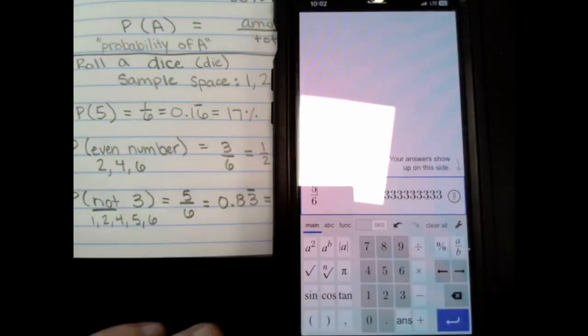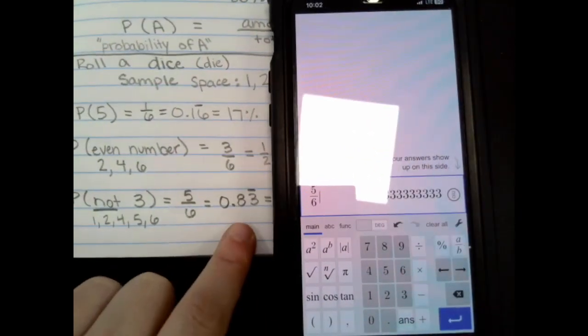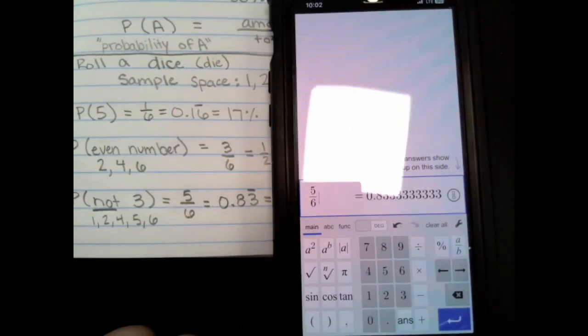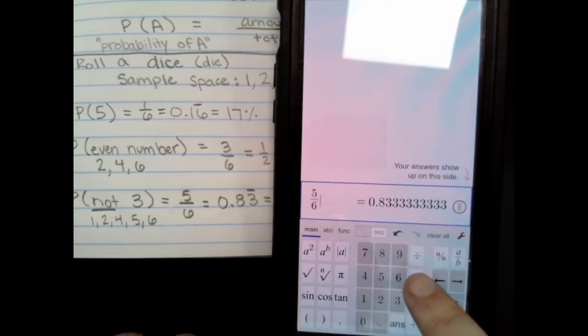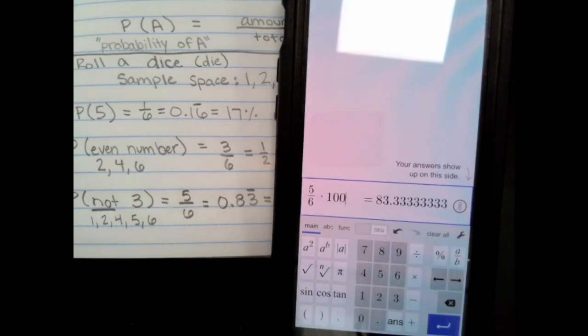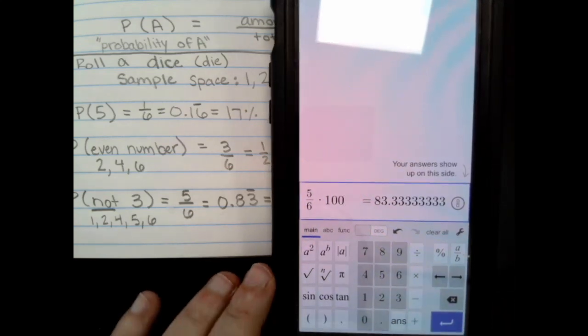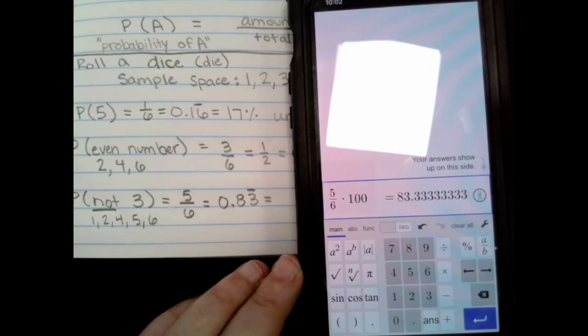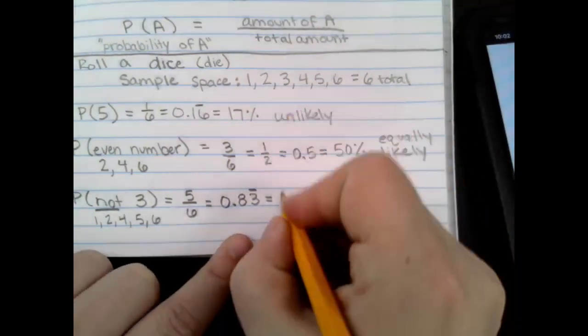And then if I need to write that as a percent, we can either move that decimal over 2 times, or if that's hard to visualize, you can always write times 100. So should we keep that at 83% or round to 84%? 84. Actually, not 83, because all of the other numbers are lower than 5. Yep, you got it. So 83%.